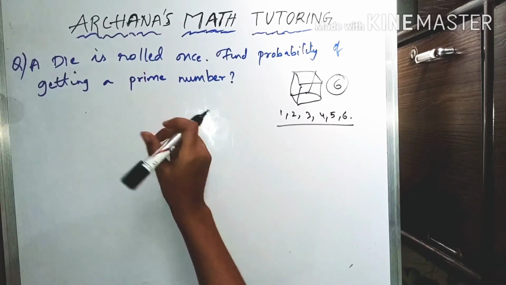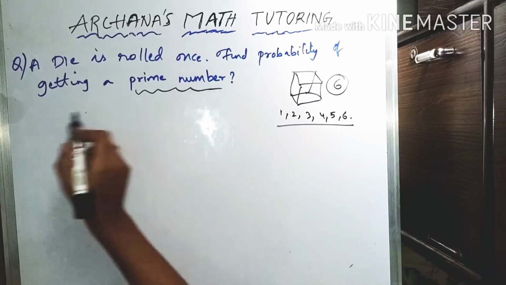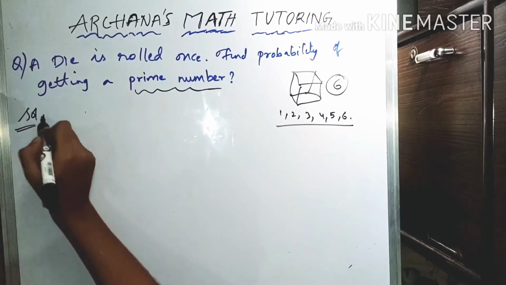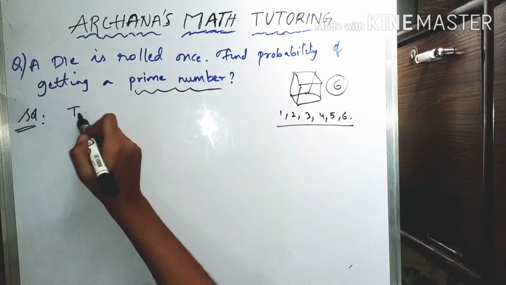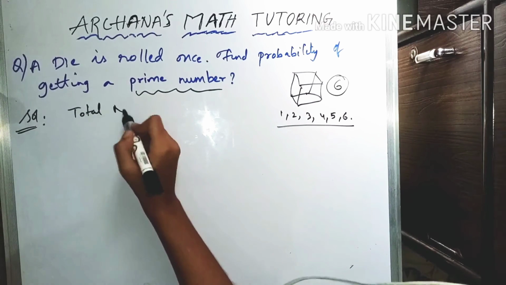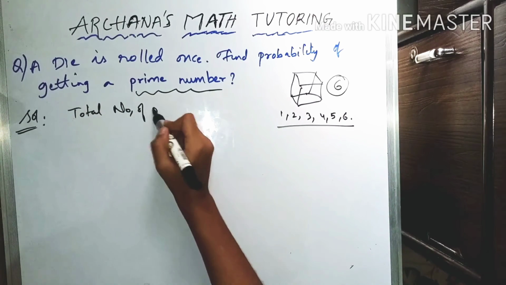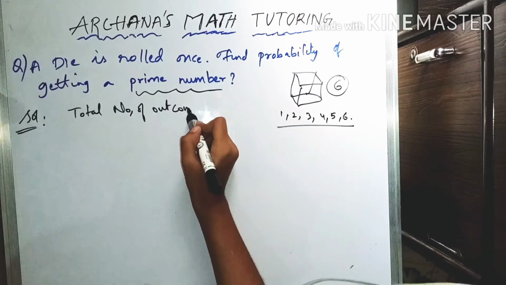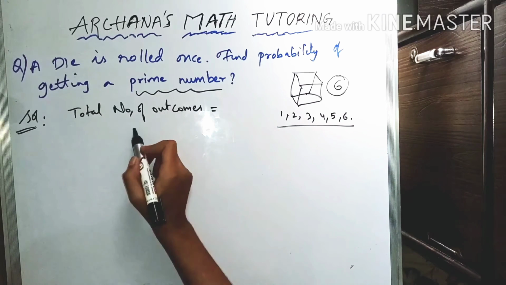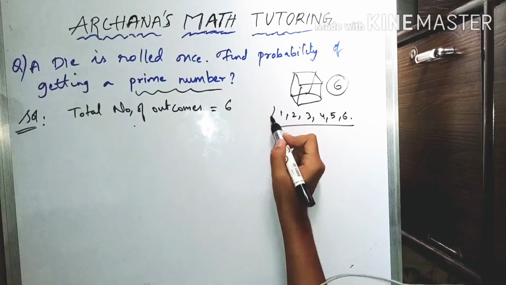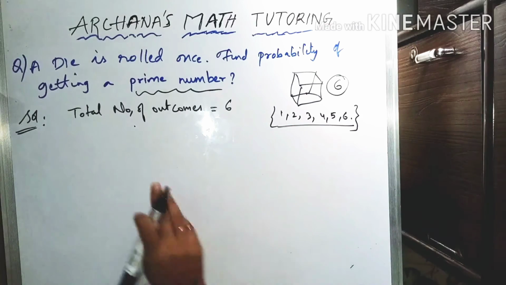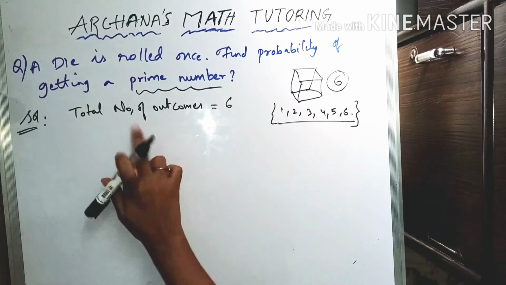He is asking that we should get a prime number. So first we should find the total outcomes. Here the total number of outcomes are 6, the total values present on a die. So the total outcomes for us are 6.